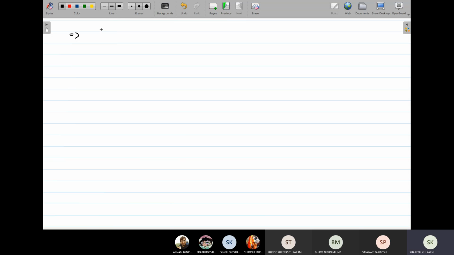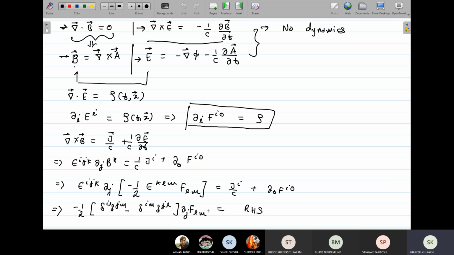So I will get minus del J F I J, minus del 0 F I 0. And there was this epsilon. Yeah, the epsilon has gone. So this is equal to J I by C. I have taken this side on the LHS.